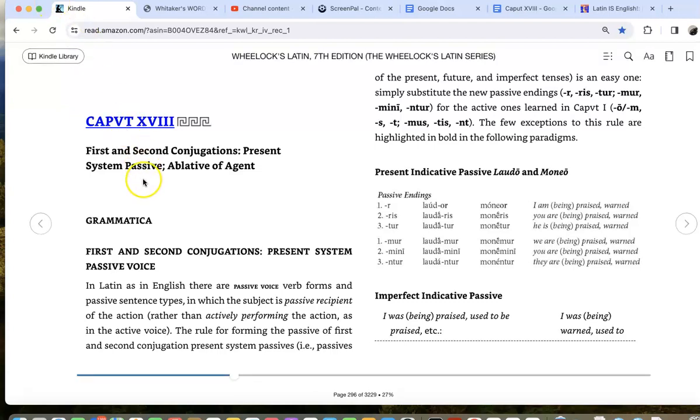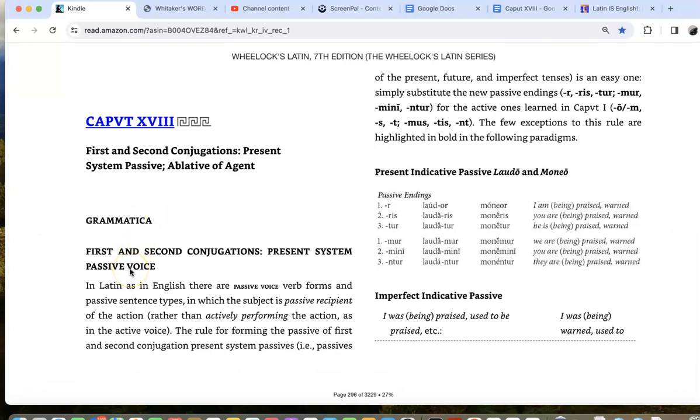What do we mean by passive? We're talking about the voice of a verb, hence passive voice, in contrast to what we have learned so far, namely active voice. What's the difference?